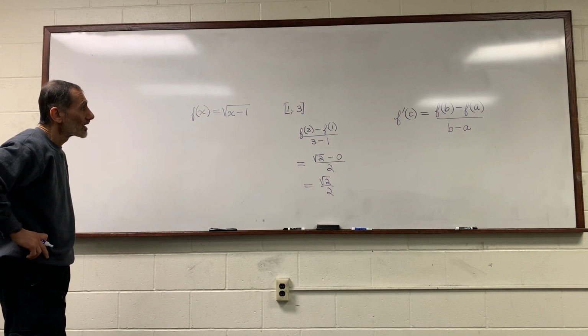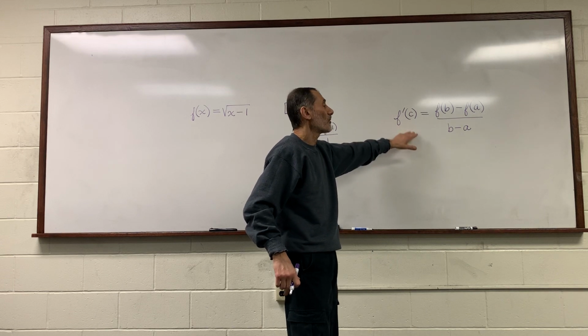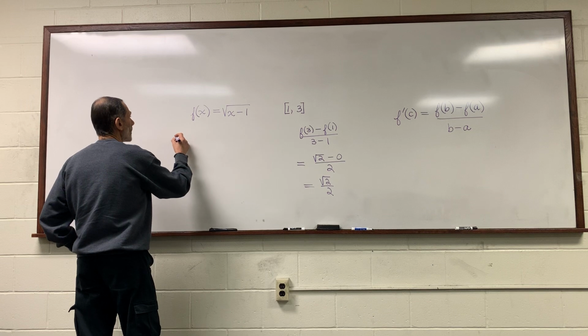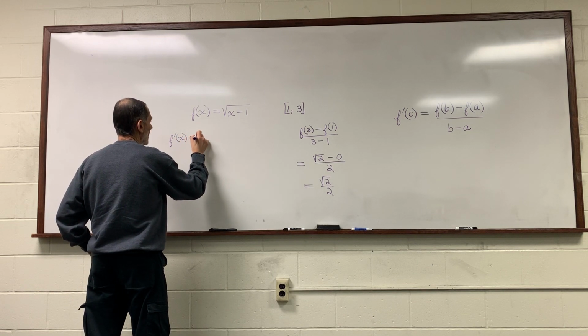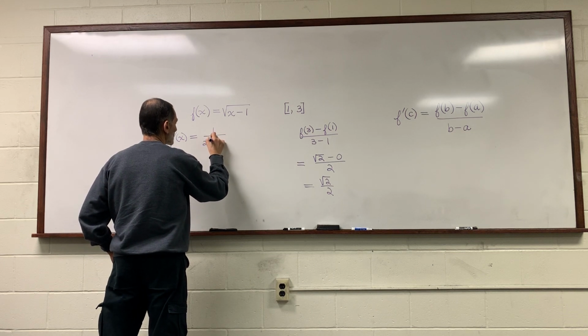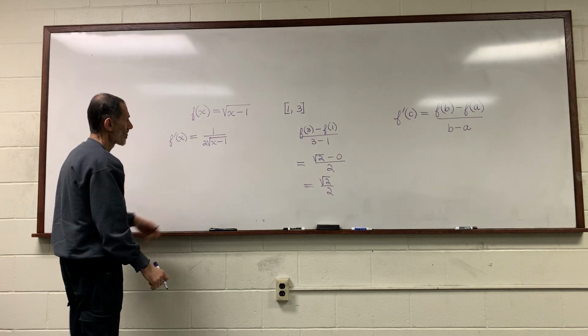Okay. Now, we need f prime of x. And we'll solve for c. Well, f prime of x is 1 over 2 times the square root of x minus 1.